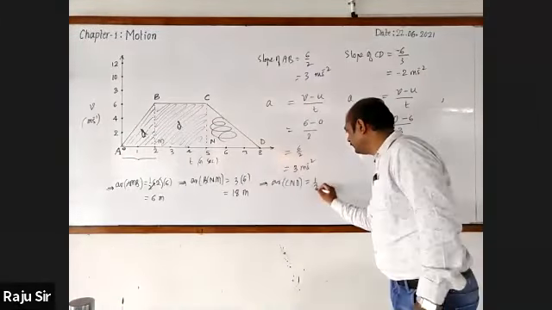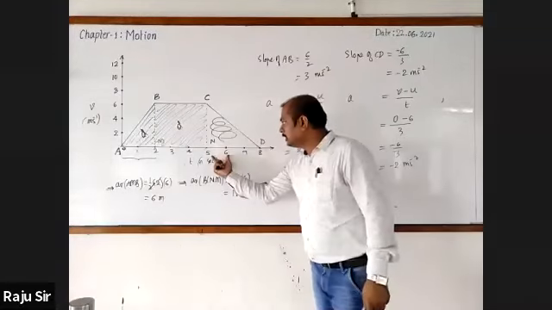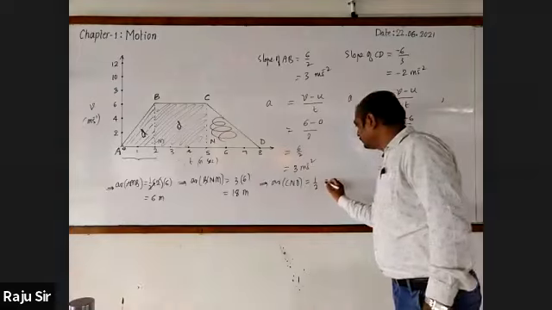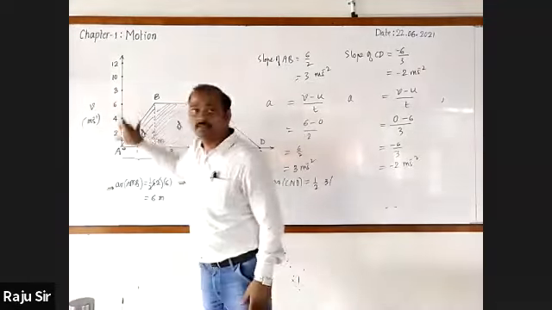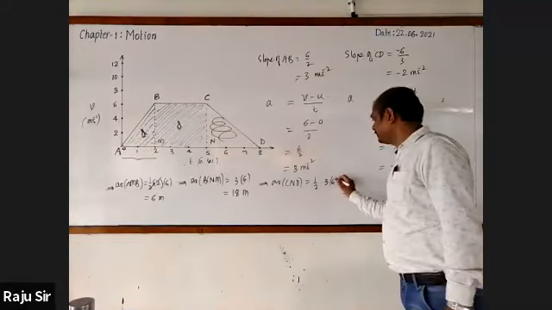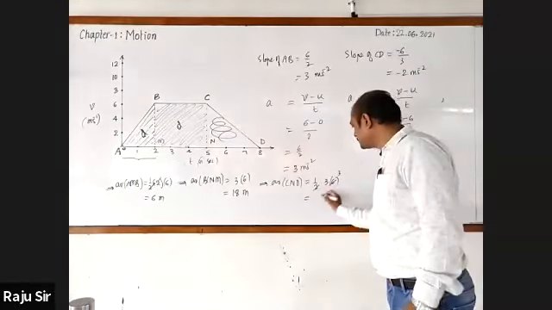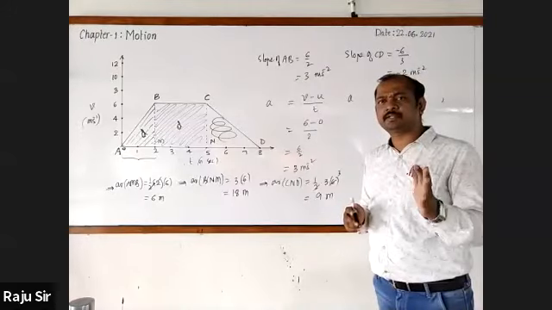Half into base, 3 units, and height, 6 units. 3 threes are 9. 9 meters. Should we take minus? No, sir. No, not minus. Please understand.